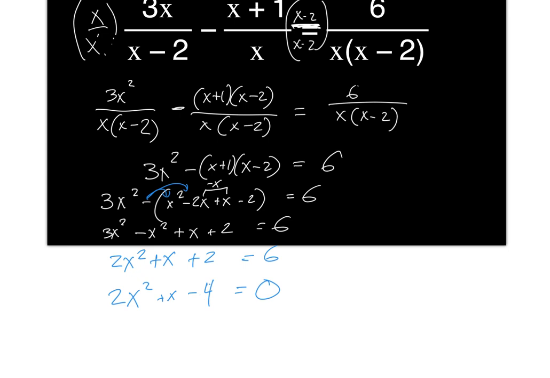You could try factoring and find out that you can't factor it, not easily. So instead you'd use the quadratic formula, which we just did one before that, so I'm not going to do it again. We'll move on to the next question.